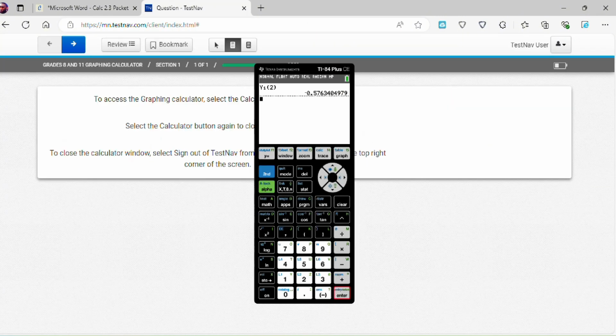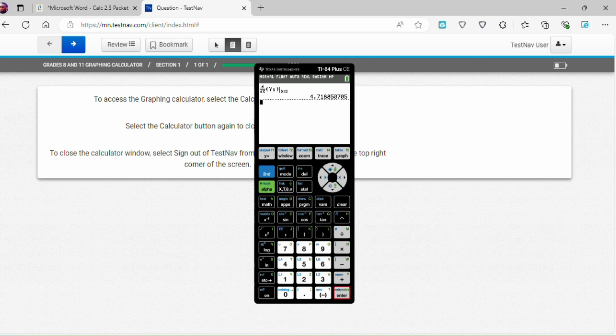Y equals negative 0.576. We're going to put this function now into your derivative. So math 8, with respect to x, variables, function y1. And then we're going to do at x equals 2. Enter.